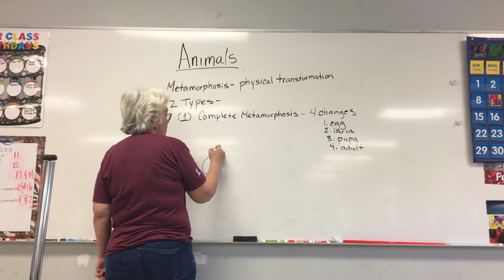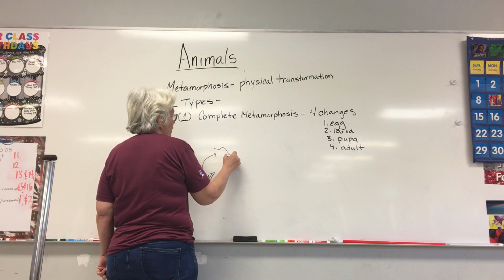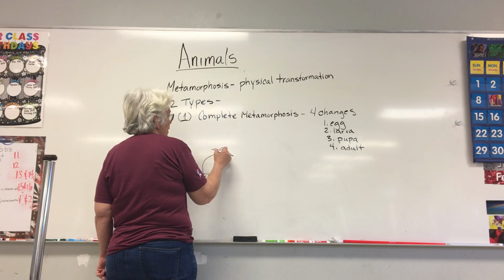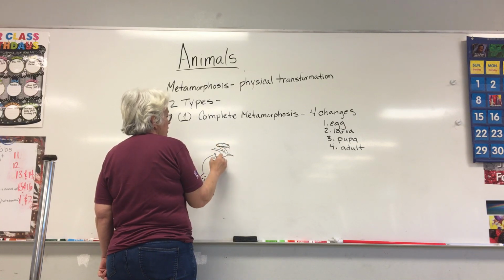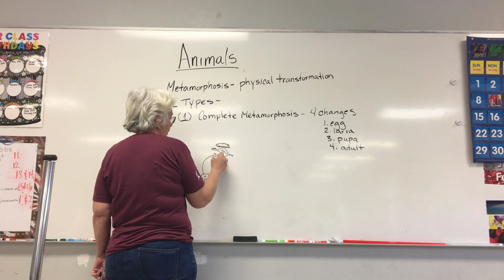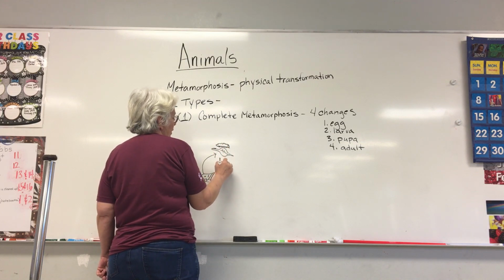That caterpillar is a larva, and he eats the leaf. We'll draw a little fuzzy caterpillar. I'm not good at caterpillars. Put a little eyeball, and he's got little legs. This stage, while he's a caterpillar, is called the larva.